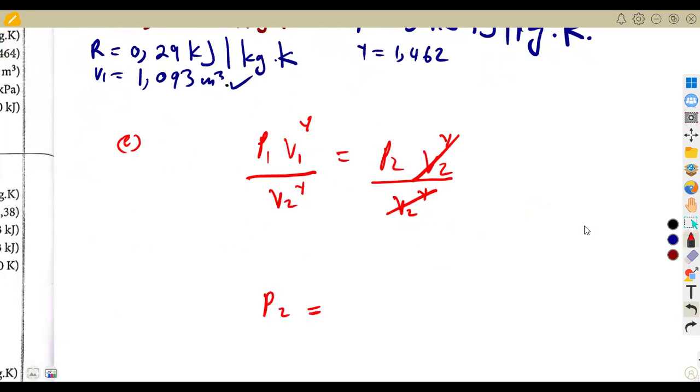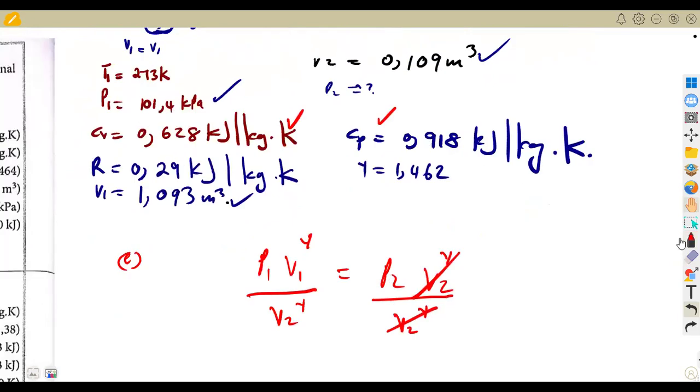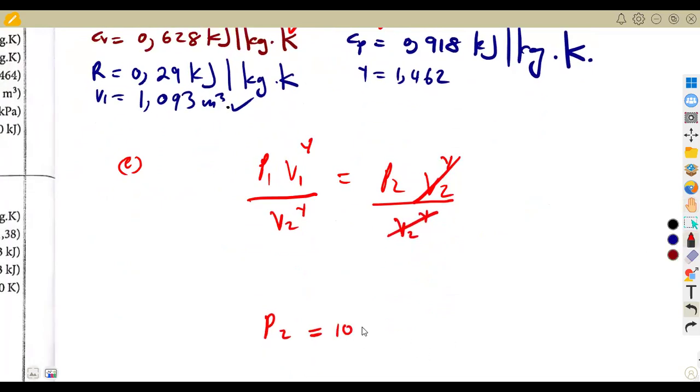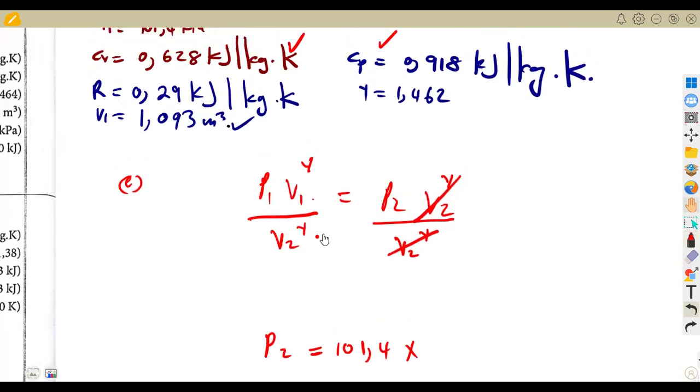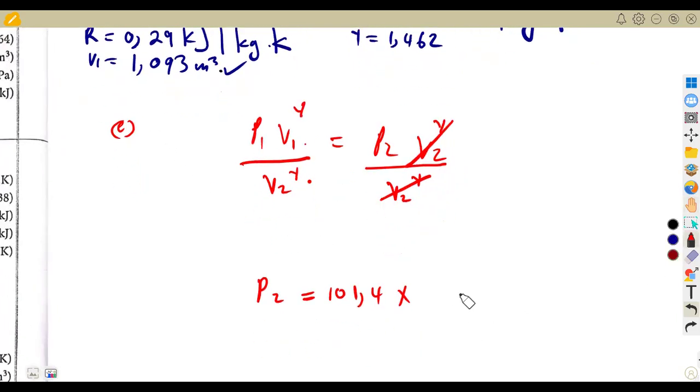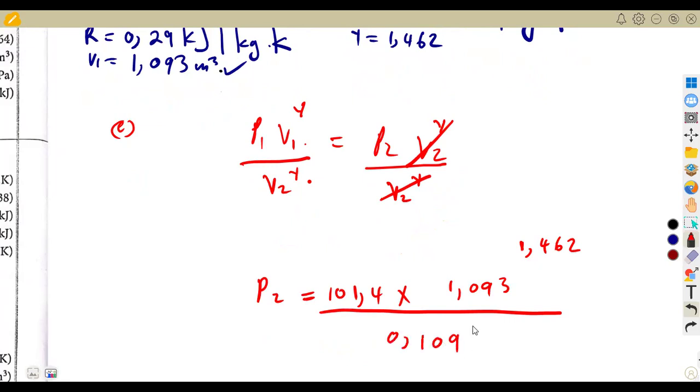I can just substitute because I have P1, 101.4 at the inlet, times V1 to the exponent of gamma, which is 1.093 to the exponent. Remember, we calculated gamma as 1.462. Everything over V2, which we also calculated as 0.109, to the exponent of gamma, 1.462.